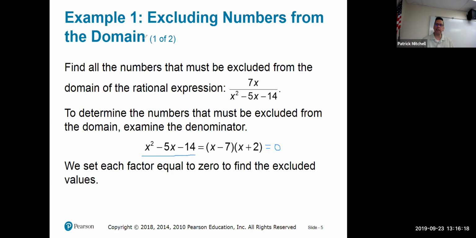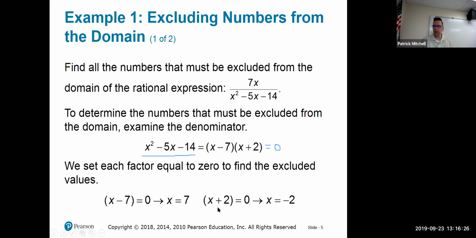Either the x minus 7 is 0, in which case x is 7, or the x plus 2 is 0, in which case x is negative 2. So the two numbers that have to be excluded from the domain of this rational expression are x equals 7 and x equals negative 2.